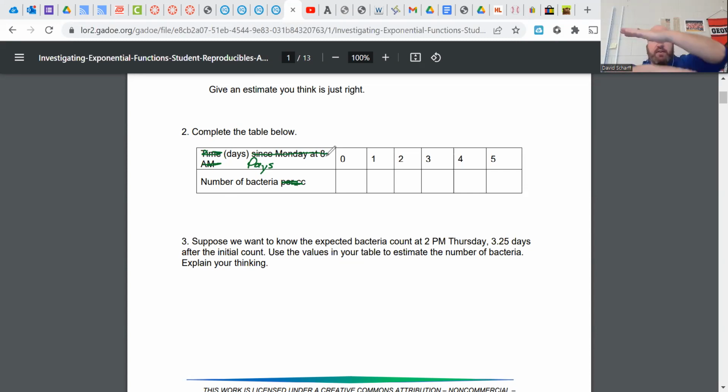Then you just do this on two lines in a row. If you want to draw the vertical lines in between, you can do that. But day 0 is Monday at 8 a.m. So that was 1,500. After 1 day is going to be 3,000. 2 days is going to be 6,000. So you've got to double it for the next few days after that. Again, we're just multiplying by 2. I think y'all can fill that in on your own.